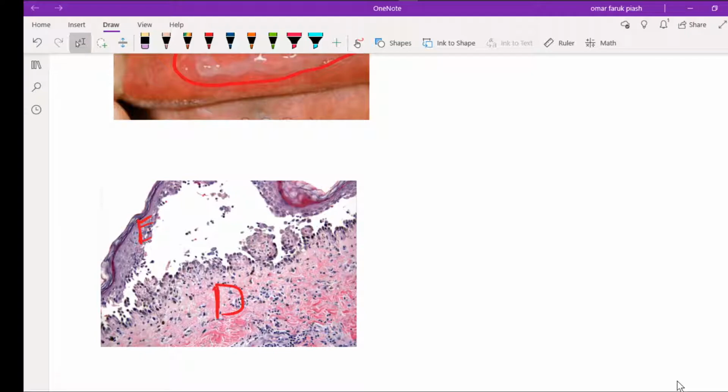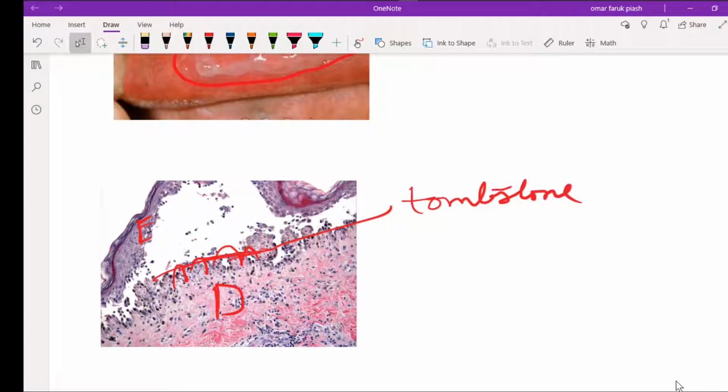It is known as acantholysis. The second one is the tombstone appearance. That means basal layer cells remain attached to the basement membrane by hemidesmosomes. It is known as tombstone appearance.